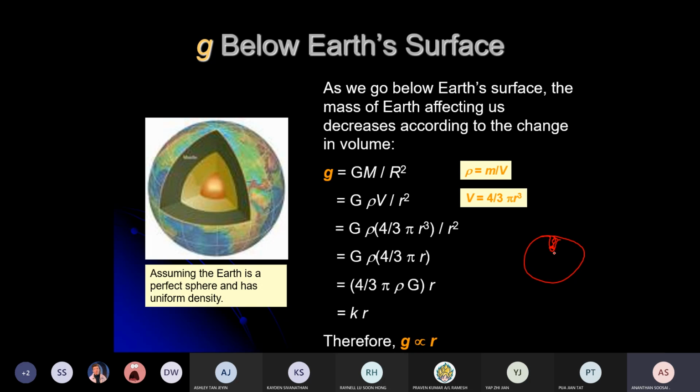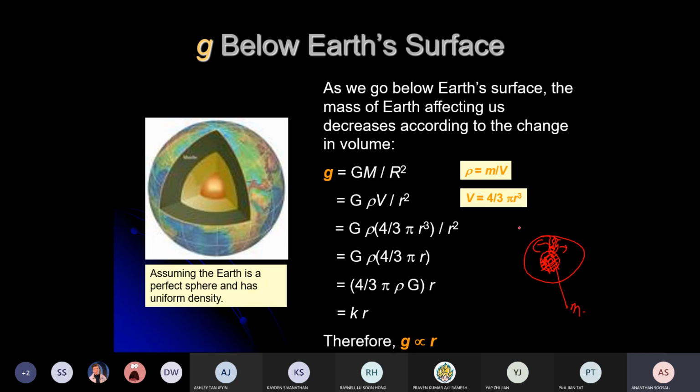The mass responsible for gravity is the mass underneath you, like a point mass. The side mass already cancels the gravity at the side, but the mass underneath you is the one responsible for pulling you down. So when you go towards the center, the mass responsible for your gravity becomes smaller and smaller.